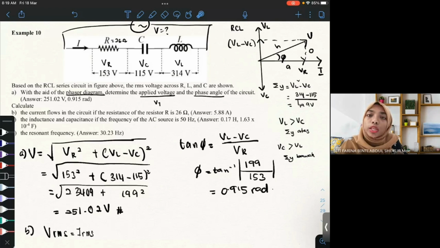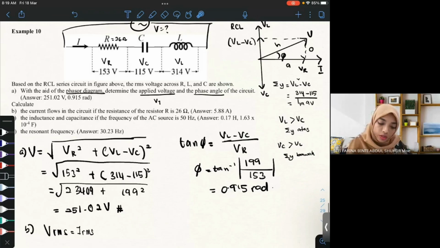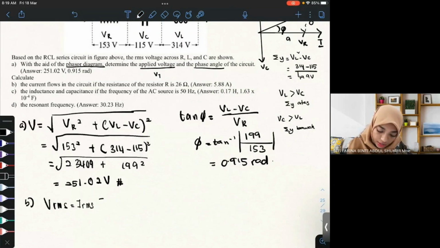When you have more than one thing that is going to oppose the current, okay, kita akan terus guna term impedance. Because kita nak total semua jenis opposition itu. Okay, so I'm going to substitute my Z here. Okay, VRMS ada. I yang kita nak cari. So you must know your Z so that you can find your IRMS.